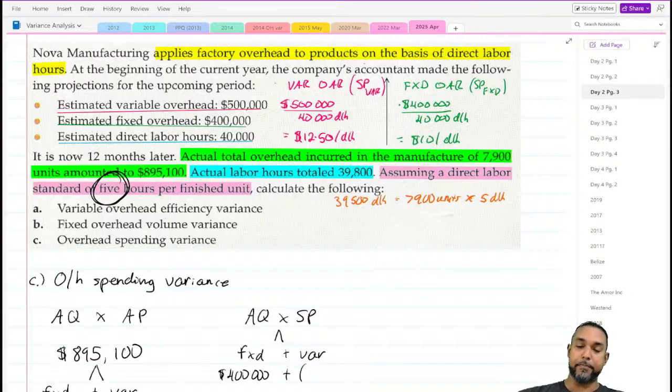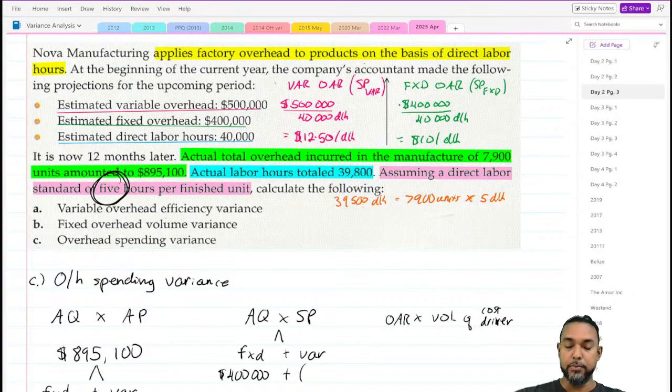Right, sorry. So again, that's where we're using our usual thing of the OAR multiplied by the actual volume of the cost driver. The item in blue is the actual labor hours, and we're using labor hours because in the yellow it says they're applying factory overhead on the basis of labor hours.